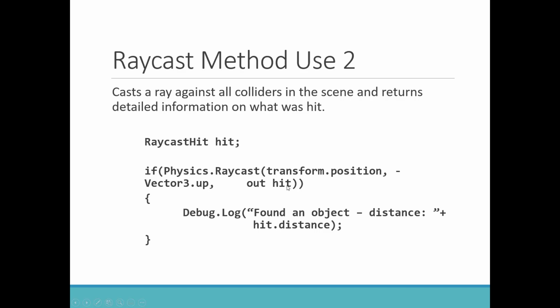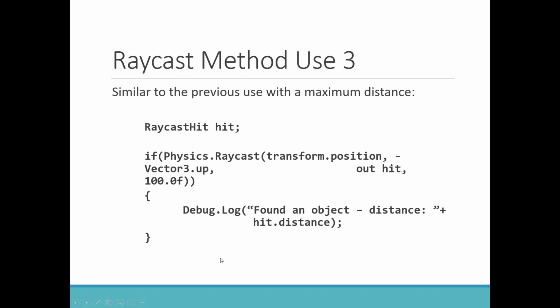So if the raycast is successful, hit will have a value inside of that if statement. Outside of that if statement, hit will be null. Then you can get information about the hit, so you can use hit.distance, that'll tell you how far the object is. You can get hit.gameObject, that'll tell you what game object was hit, etc.